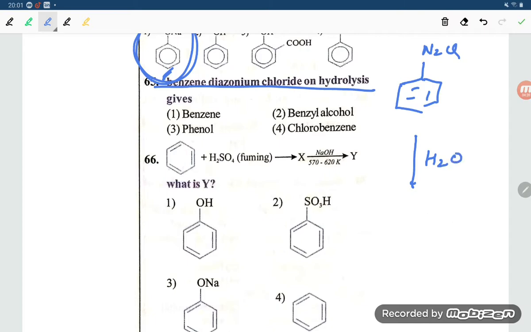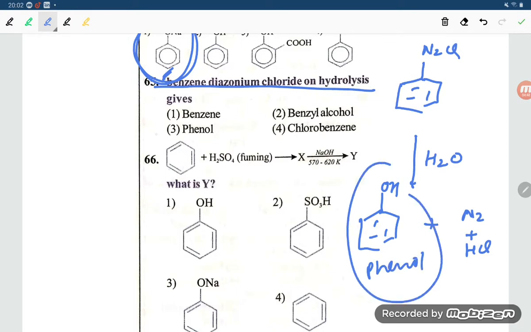So N2 gas will be lost, plus HCl, and the other product will be phenol. So this is the phenol. The correct option will be option number 3. So benzene diazonium chloride on hydrolysis gives phenol.